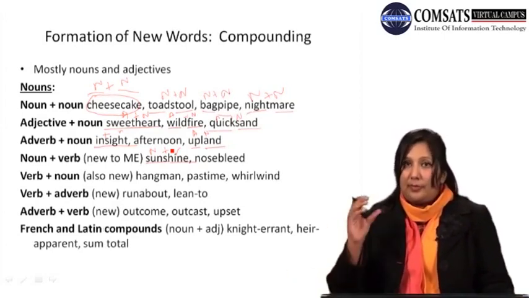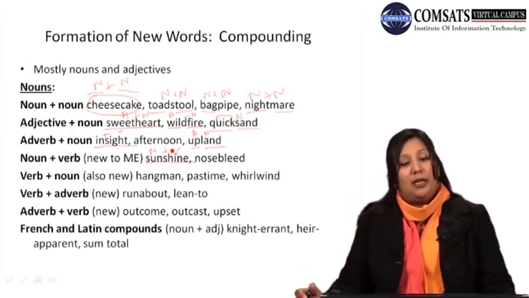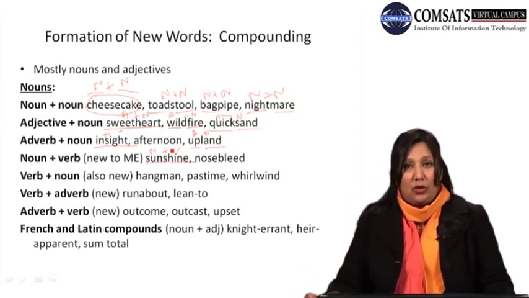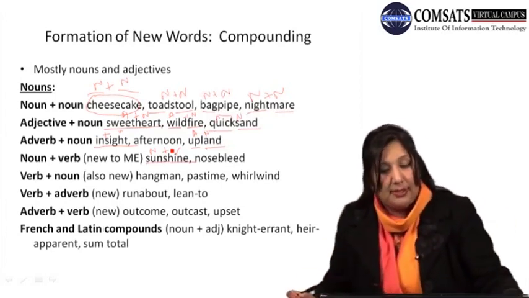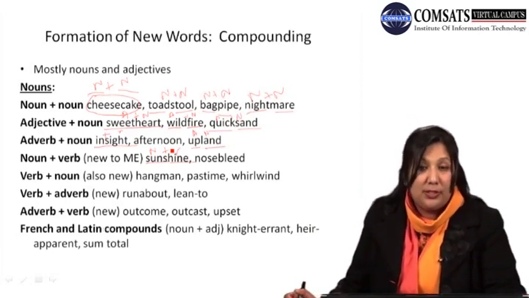Most of the time we think that adverbs and verbs are not related to nouns, yet in these examples we find that compounding has forced them to come close and form new words. The next is nosebleed.